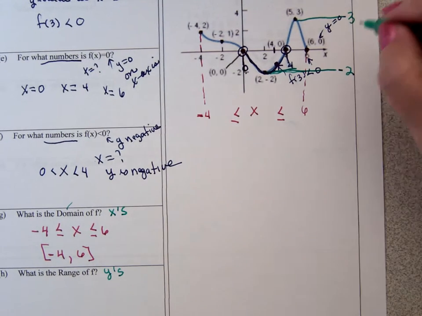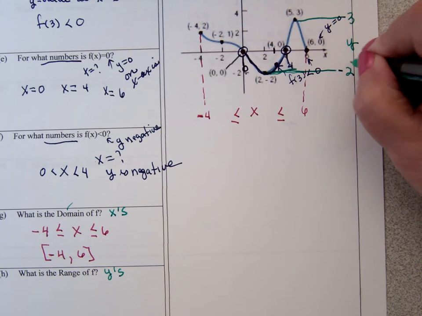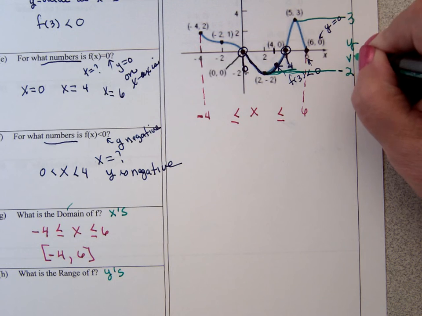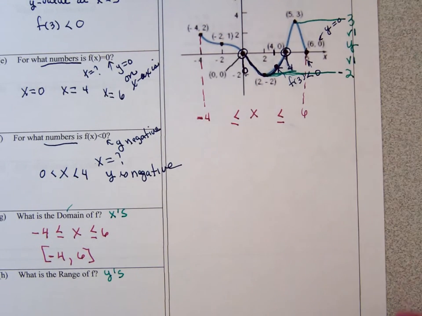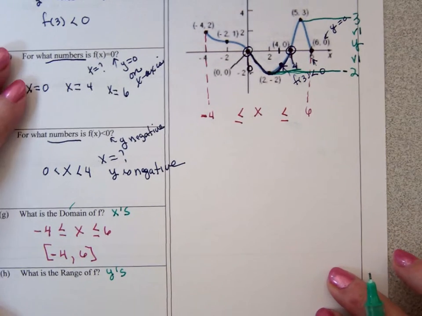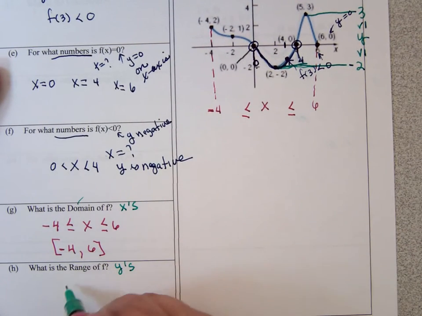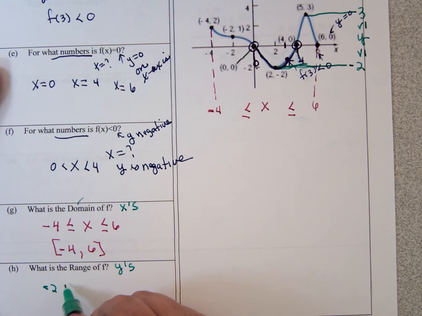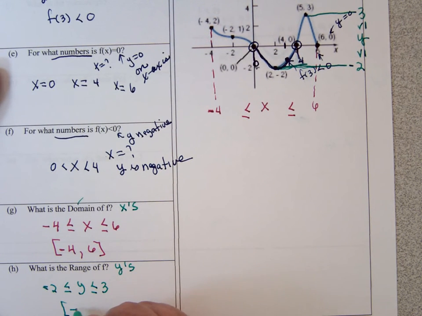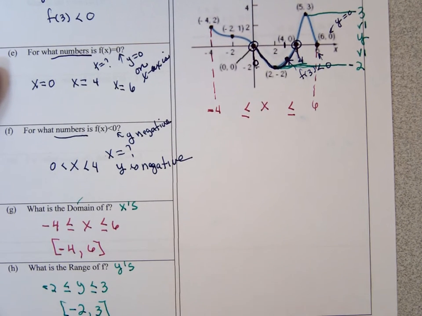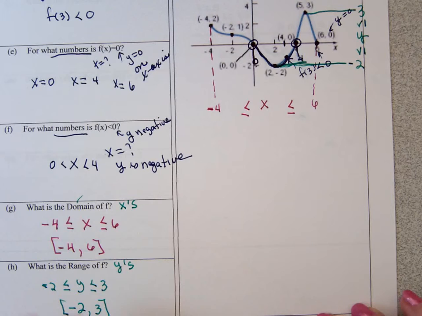So if I look at the range, the y values start at and include -2, stop and include 3. So what's the range? Well, -2 less than or equal to y, less than or equal to 3. You can also write it as negative 2 comma 3. Square bracket means that you are including those values.